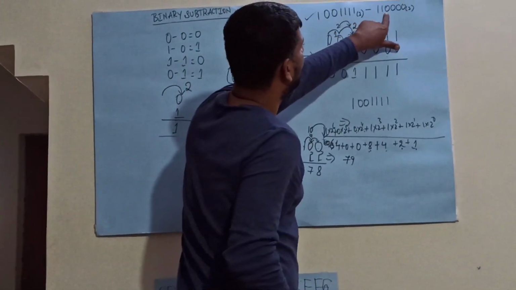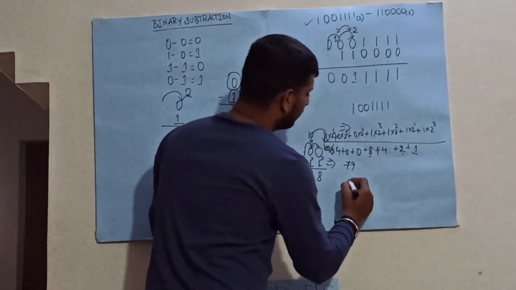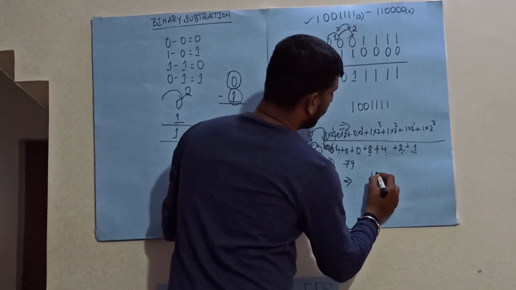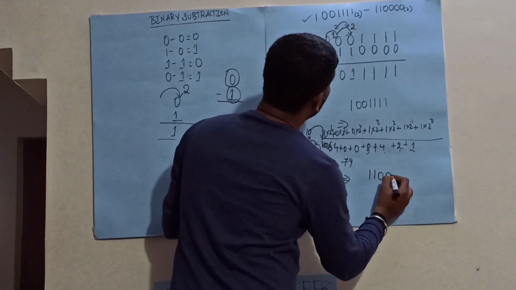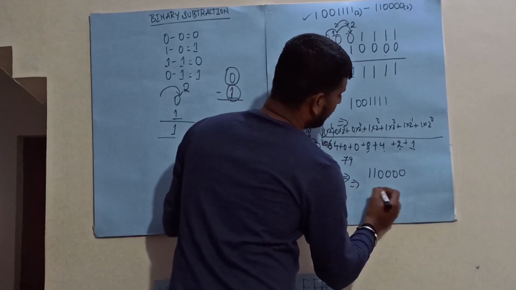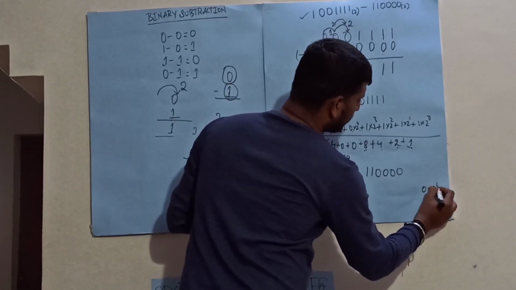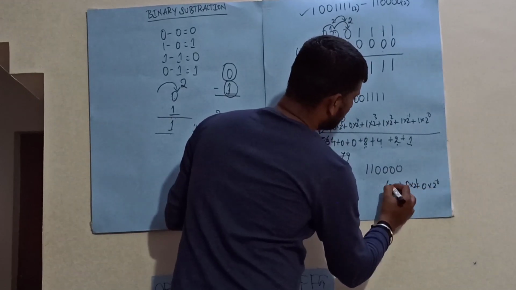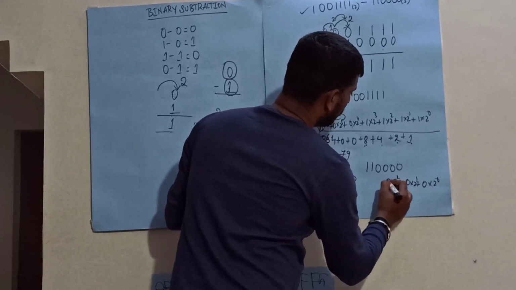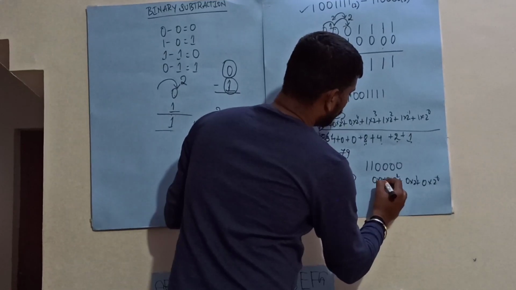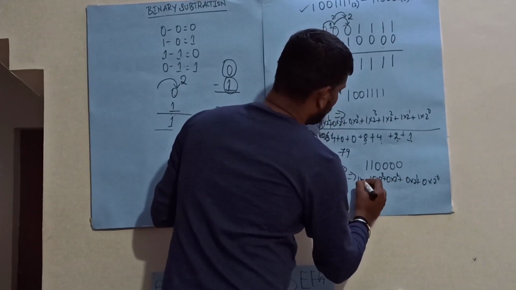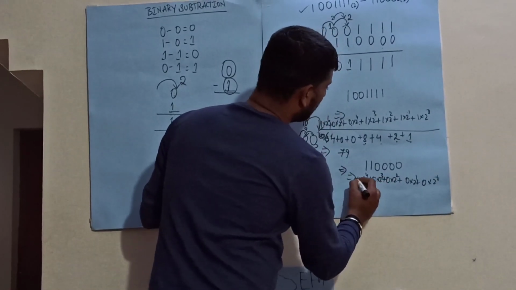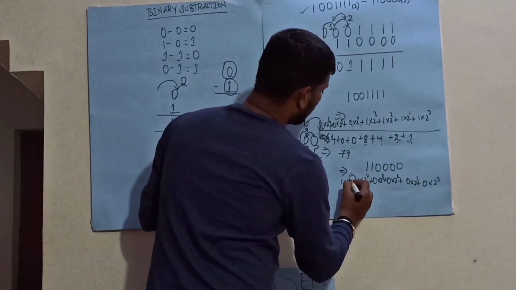Now I will convert this particular value. It is nothing but 110000. So 0 into 2 to the power of 0 plus 0 into 2 to the power of 1 plus 0 into 2 to the power of 2 plus 0 into 2 to the power of 3 plus 1 into 2 to the power of 4 plus 1 into 2 to the power of 5.